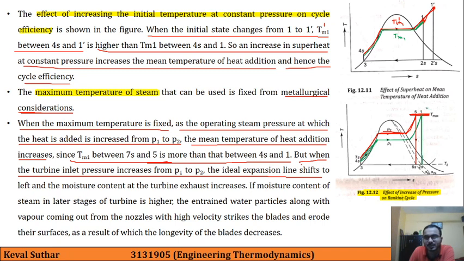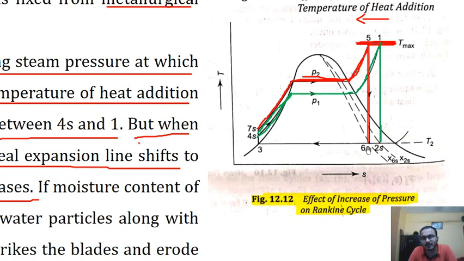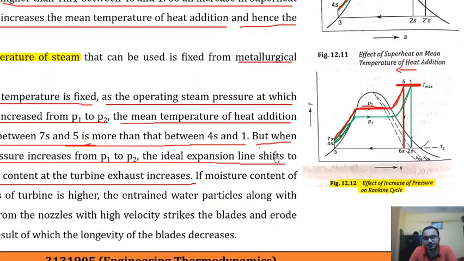Okay, so as you can see, there is a shift of expansion process towards left, and the moisture content at turbine exhaust increases. Why? Because as you can see, the moisture content at 6s is more than at 2s, because now we are slightly inside the wet region, that is the liquid plus vapor region.